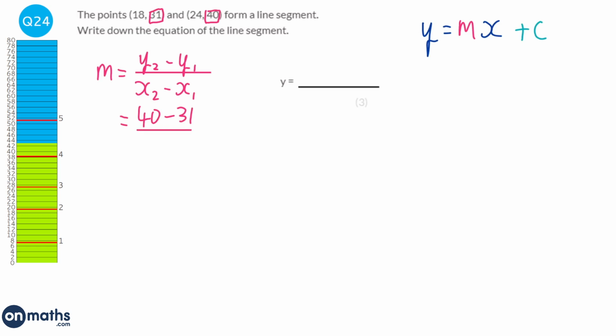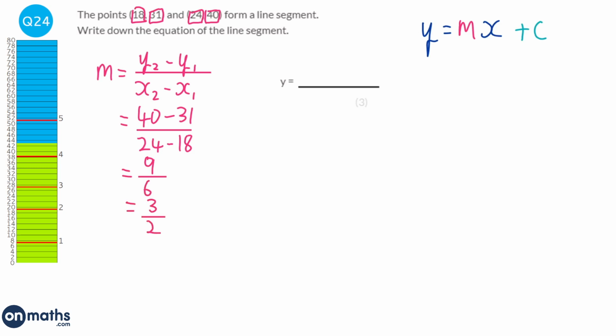And then that's going to be over the x component, so 24, take away 18, which is the x component for the first equation. So it's going to be 9 over 6, which is going to be 3 over 2, because just simple cancelling.